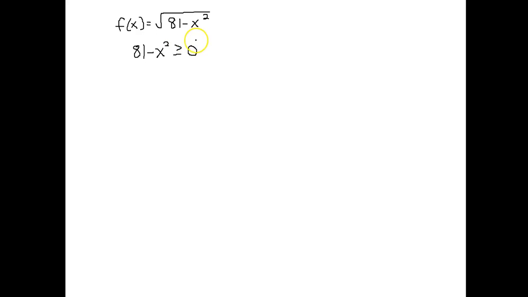Notice that we have a quadratic inequality here. Let's see, where does 81 minus x squared equal 0? So you can factor this one. So you can avoid going through the quadratic formula because this will factor. You do have a difference of squares here. Two values where it equals 0.